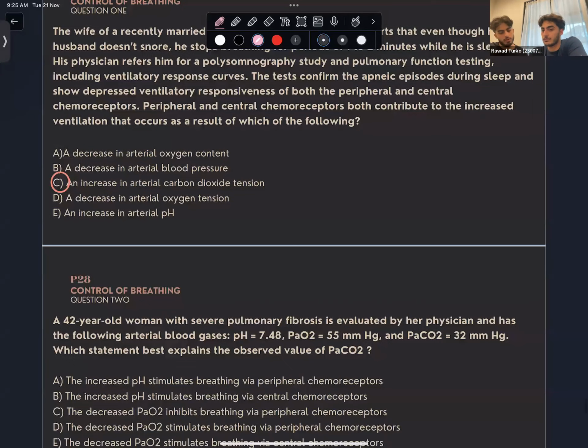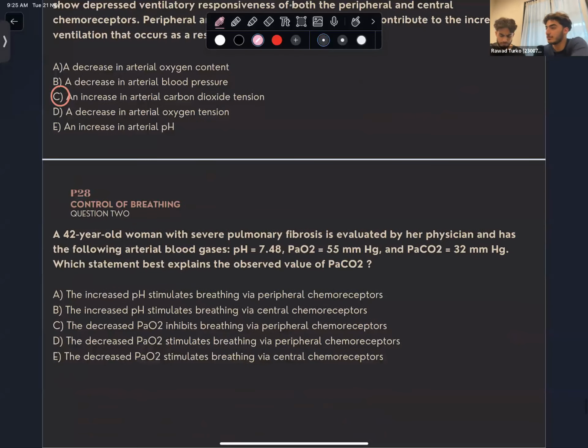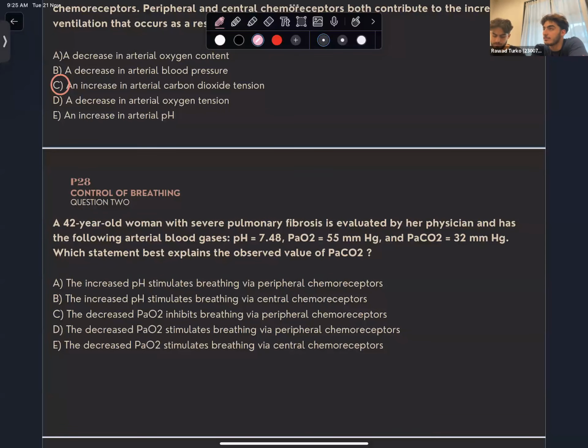Okay. So a 42-year-old woman with severe pulmonary fibrosis is evaluated by her physician and has the following arterial blood gases: pH is 7.48, PaO2 is 55, PaCO2 is 32. Which statement best explains the observed value of PaCO2? Again, a pretty much recall question, like we mentioned in the first question.